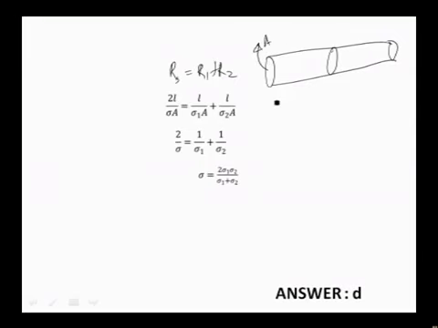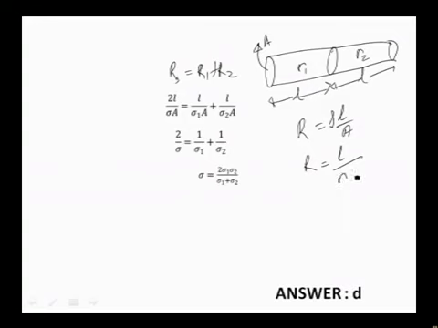The length of each I would like to take as L, because the length is also the same, but the conductivity of this and of this is different. We have the basic formula R is equal to rho L divided by A. Rho you can write as 1 by sigma. Rho is resistivity, and the reciprocal of resistivity is conductivity.